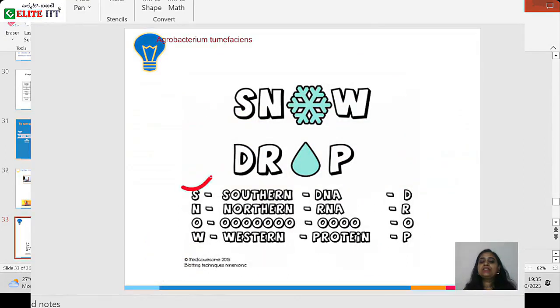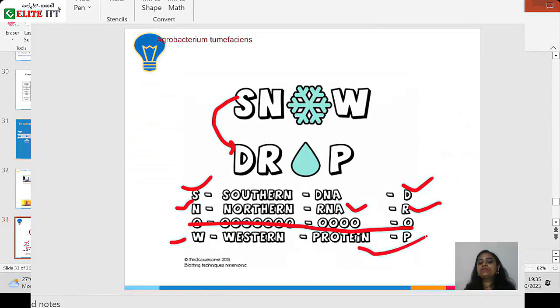S means Southern, related to D, DNA. N means Northern, related to RNA. O is nothing. And W means Western, which is for protein.